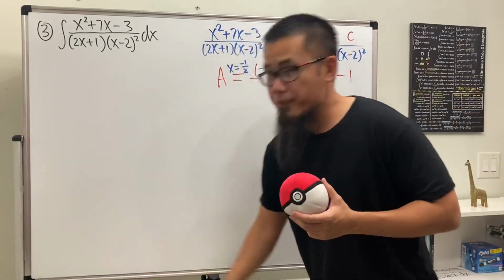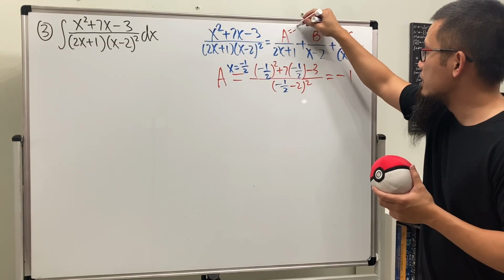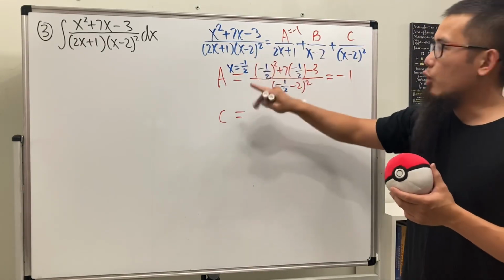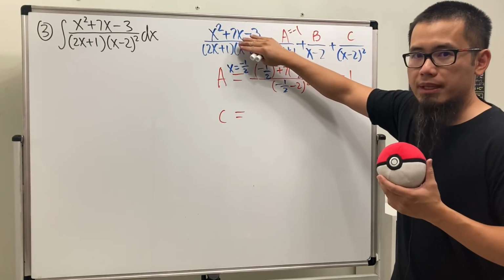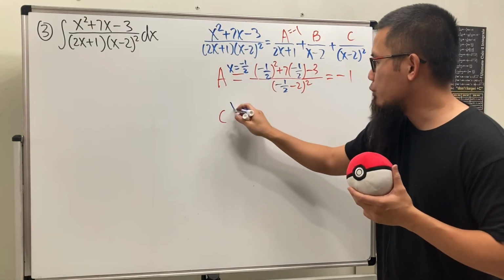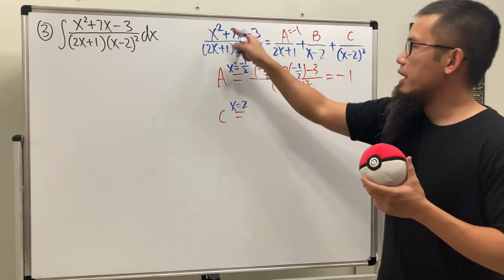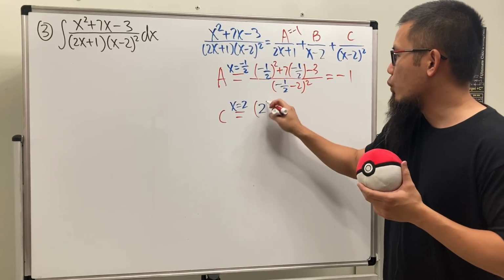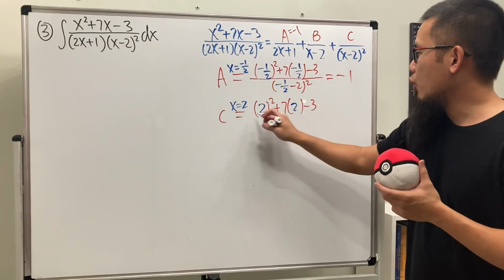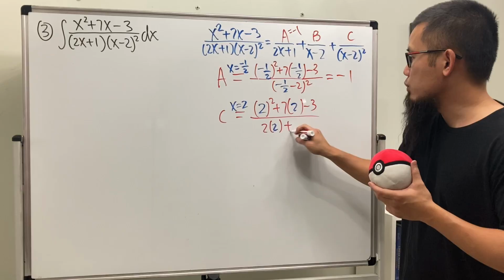Alright, continue. We use the cover-up method for C. Right? A is negative 1. C is going to be the following. We go back to the original, cover this up, and how can we make x minus 2 squared equal 0? X has to be 2. So let me indicate that right here. And then we will just put a 2 into the remaining x's. Here we will have 2 squared plus 7 times 2, and then minus 3 over 2 here, so it's 2 times 2, and then plus 1.